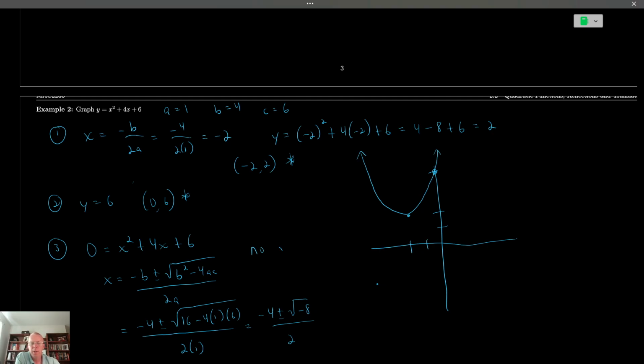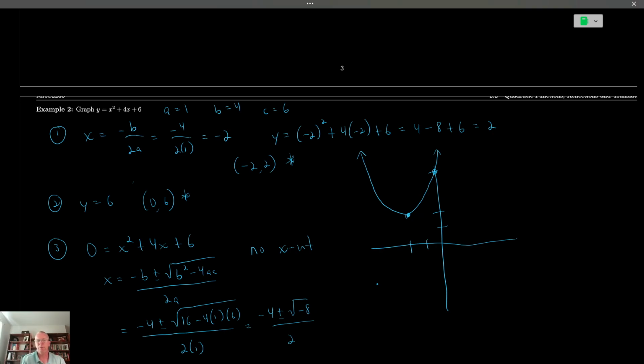So no x-intercepts, and we can see that from here. Okay, and that way you can be sure, and you could actually save yourself some time if you plot these as you go. If you plot your vertex and then your y-intercept is up here, there's no way to get back down here. So you already know just from those 2 points that you're not going to have an x-intercept. So you could kind of do this either way.